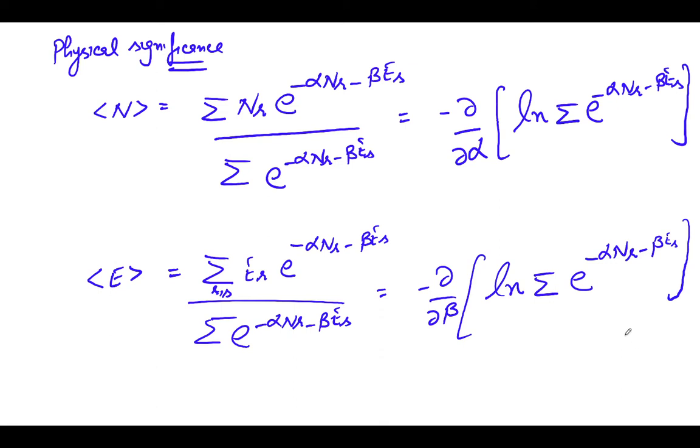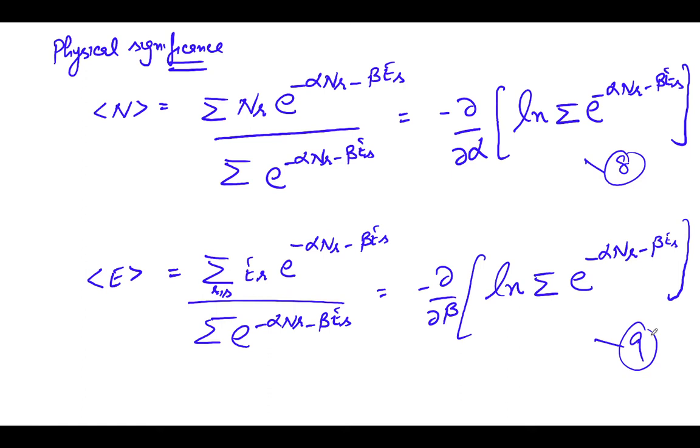So these two are important equations which will help us establish the connection between the statistics and thermodynamics of the system present in the grand canonical ensemble. Let us say this is equation number 8 and this is equation number 9.